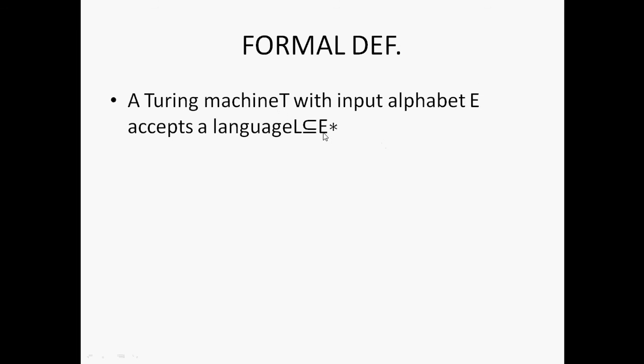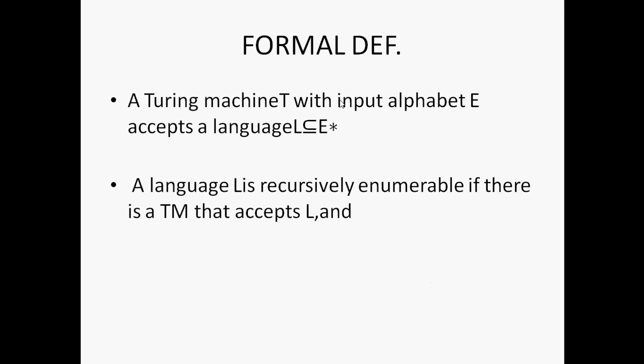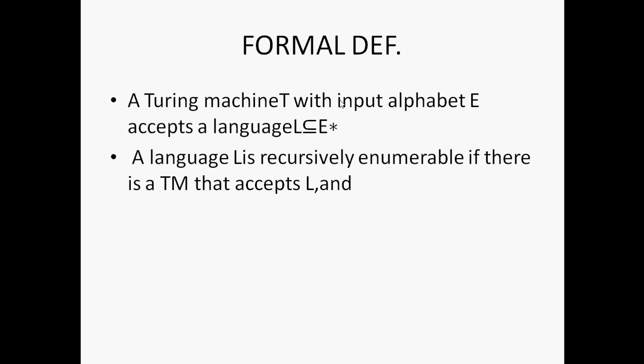E star denotes the complete universe of strings that can be formed using these input alphabets. So every language is a subset of E star. Let's suppose there is a language L that is a subset of E star.